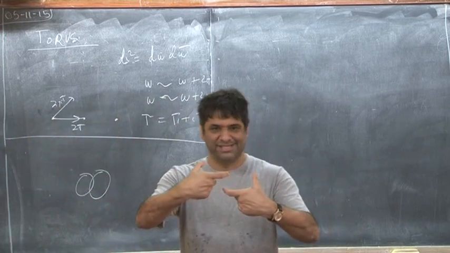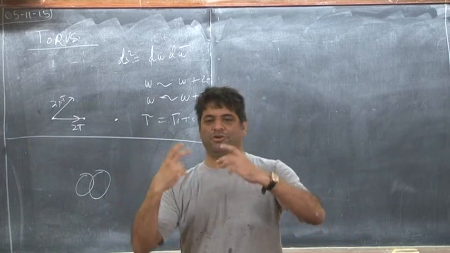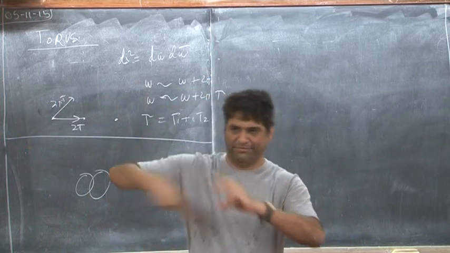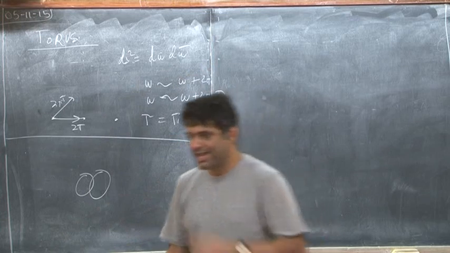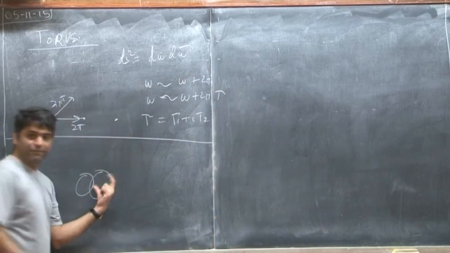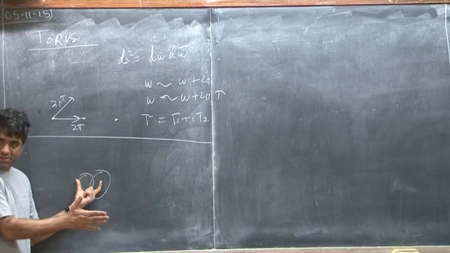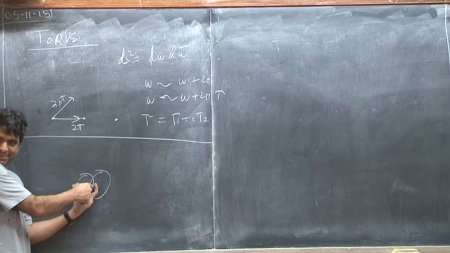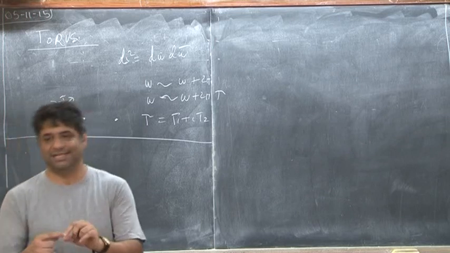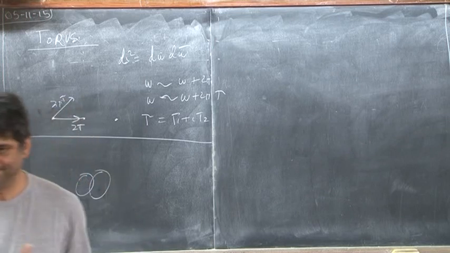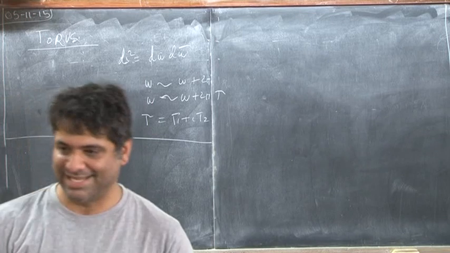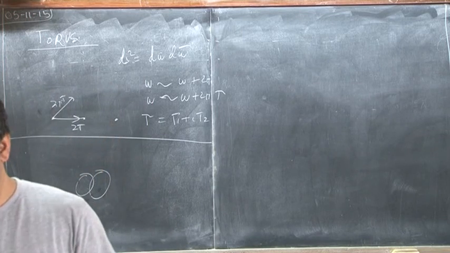That's clear, right? Similarly, a torus you can make up by 4 patches, each like R2, and then you have to specify transition functions. The transition functions basically tell you what the periodicity is. It says that this point is the same as that point.